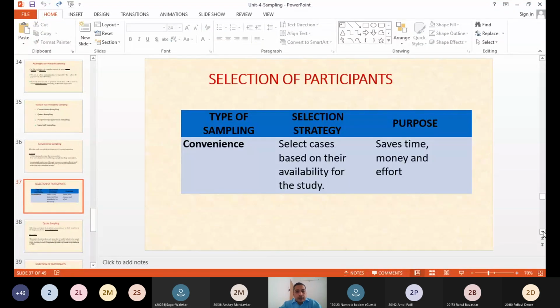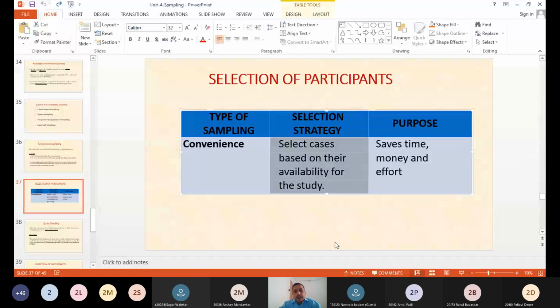In convenience sampling, as you see, the sampling strategy is selecting the cases based on their availability for the study. Those participants or respondents who are easily accessible and available for the study will be selected. The main purpose of convenience sampling is to save time, money, and effort.